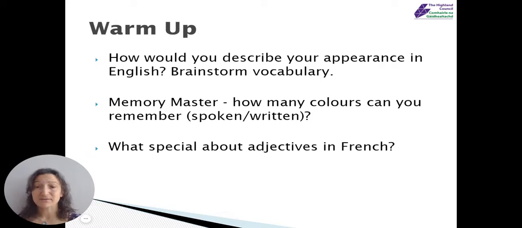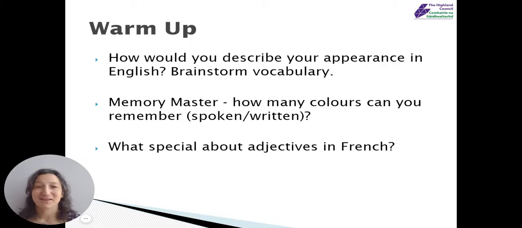Which ones are nouns, which ones are adjectives, for instance. So you might have things like black hair or tall or, I don't know, big nose. It could be anything. The children will come up with all sorts of things, I'm sure.